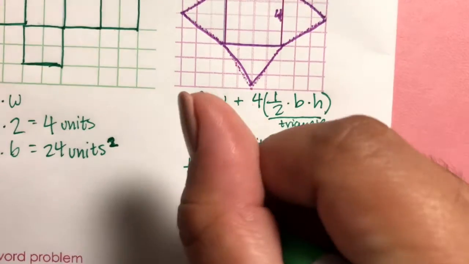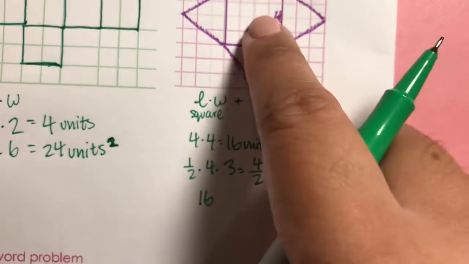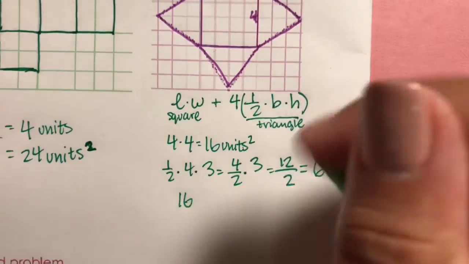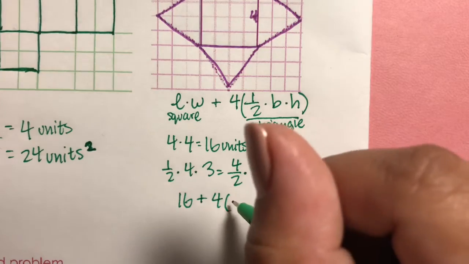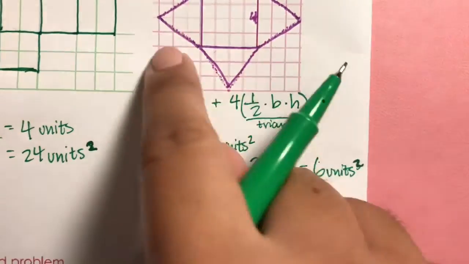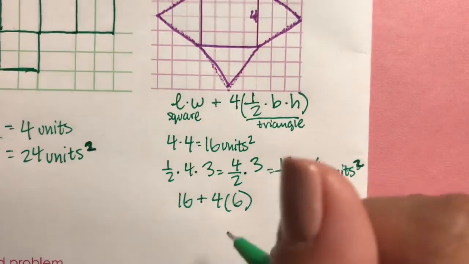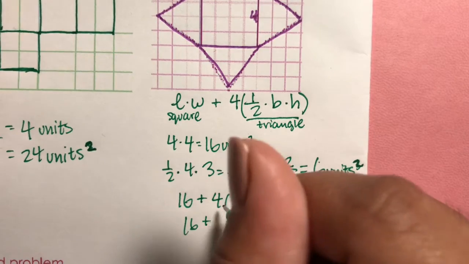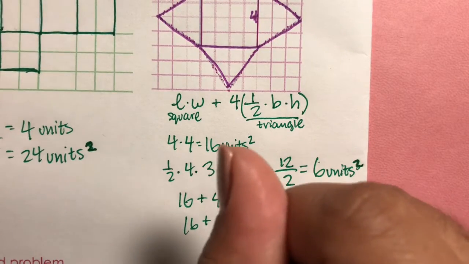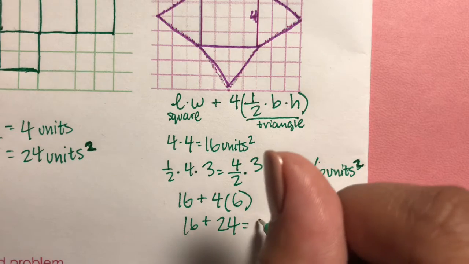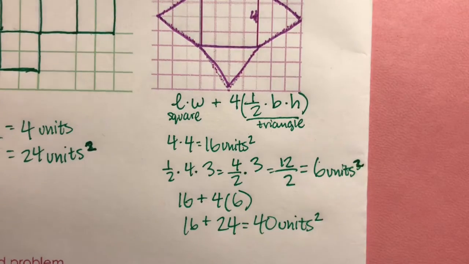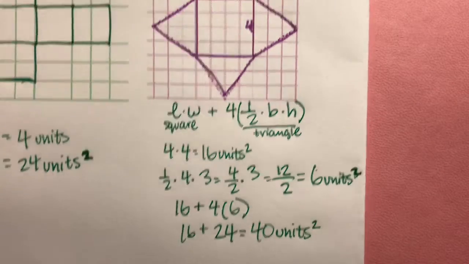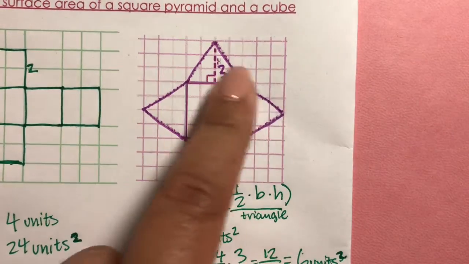So we have 16, which is the surface area of our square, plus 4 times 6, because that is the surface area of our triangles. So 16 plus 4 times 6, which is 24, which would equal 40 units squared. And that's the surface area of this square pyramid.